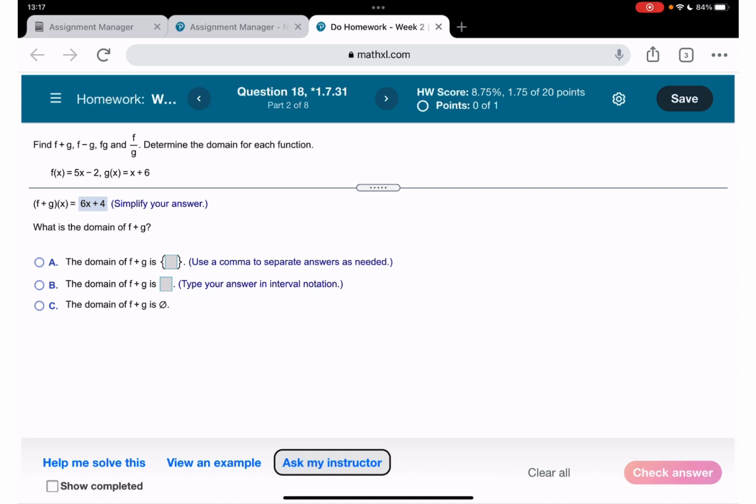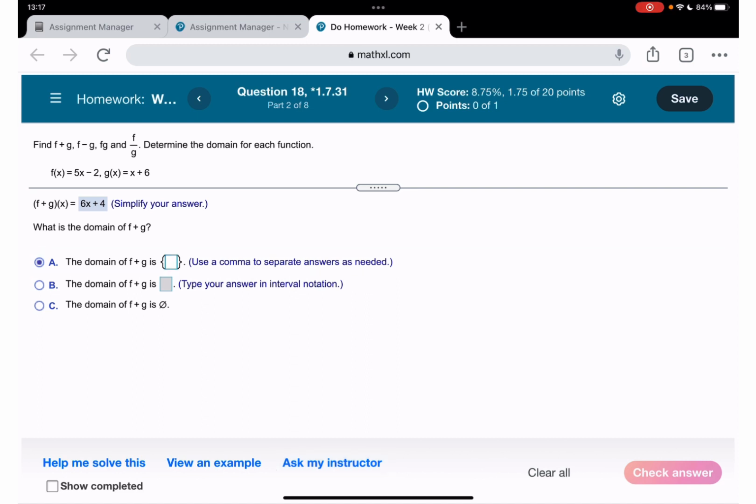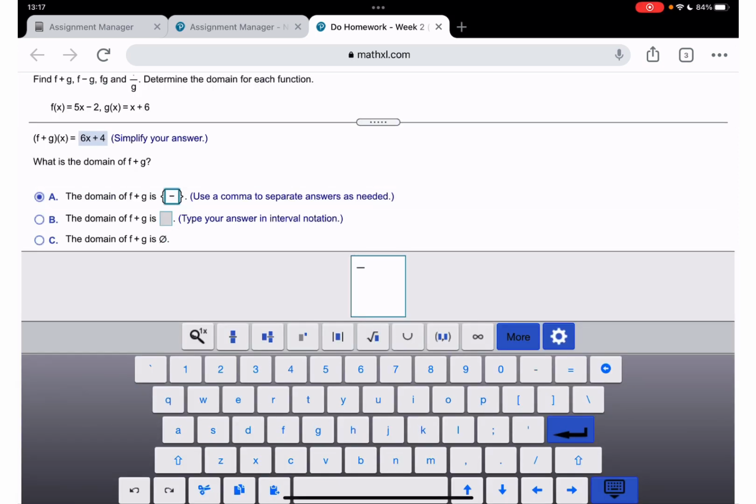So we write down from negative infinity, comma, and positive infinity. Oh, no, not this one. Here I have curly braces. It's going to be parentheses.